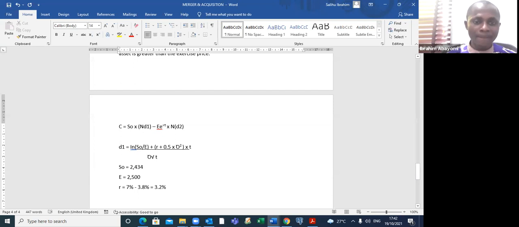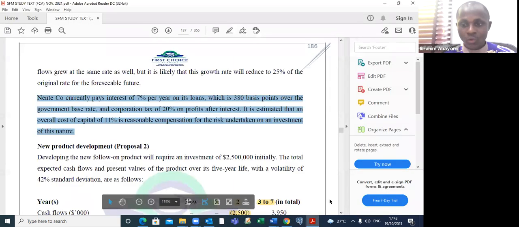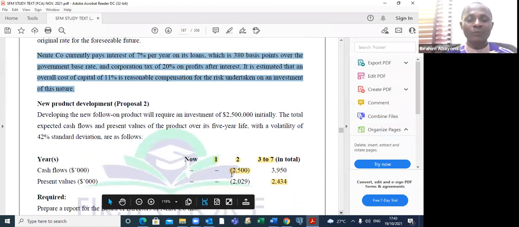Then what is our standard deviation? This one here. Okay, let me copy it from here. Standard deviation is 0.42, which is 42%. And what is the time to expiry? Time to expiry is the period under which you can exercise your right. For the purpose of this question, we are to exercise our right at the end of year 2.